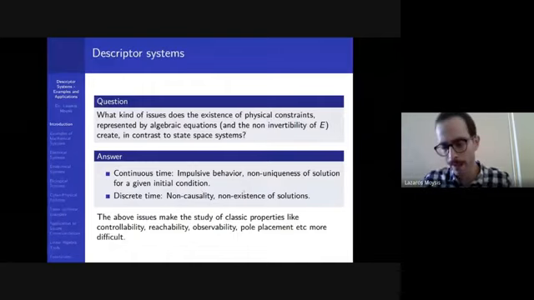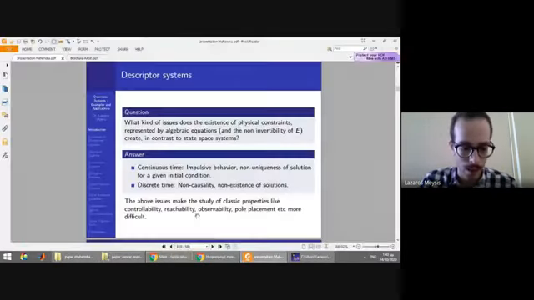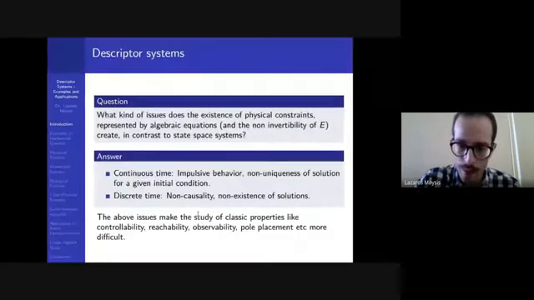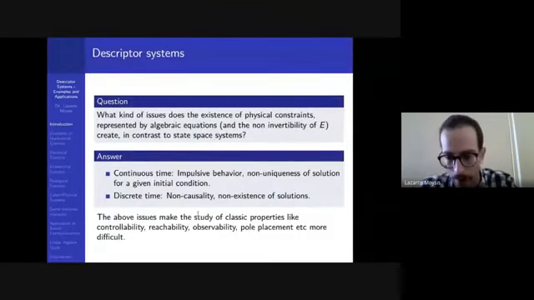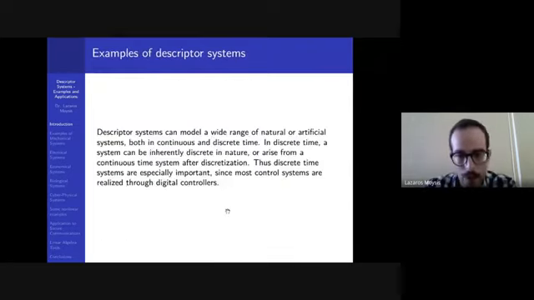And potentially, we can even have non-existence of solutions. There may be a case where the solution may not exist at all. And this makes the whole problem of studying controllability, reachability, observability, and pole placement more difficult overall.